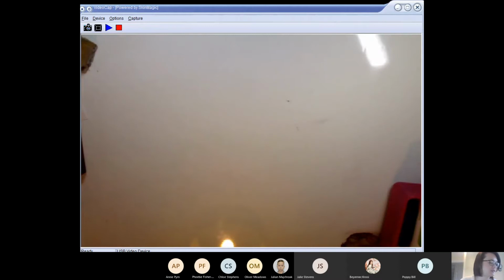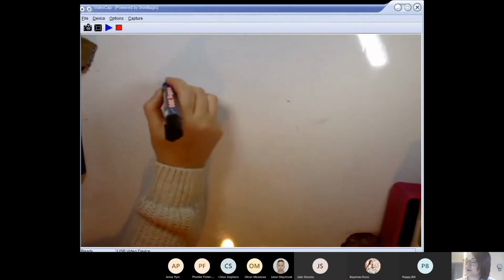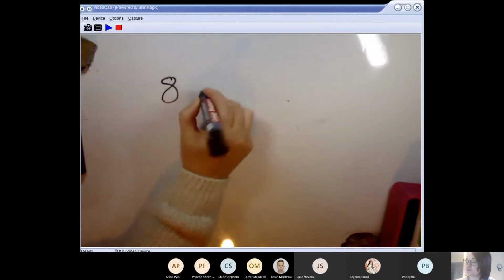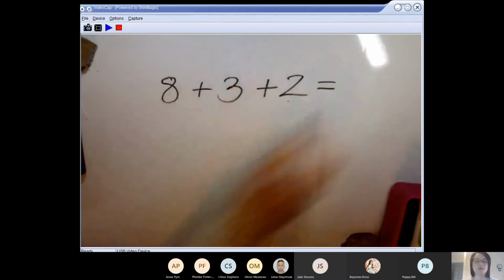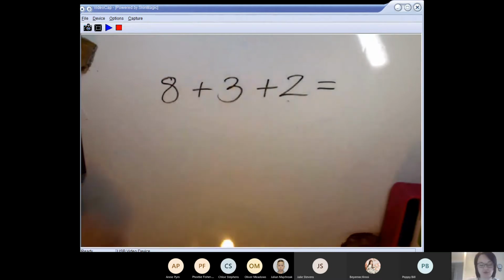What about this calculation? Spot the bit to start with. Which 2 numbers do we add together first? And we can do it just like that.